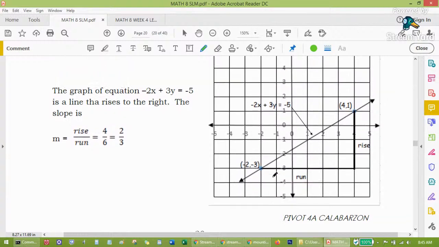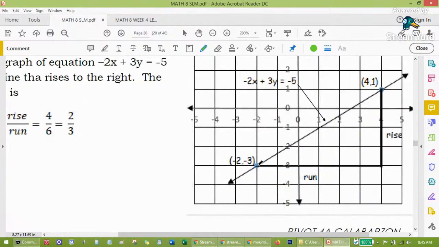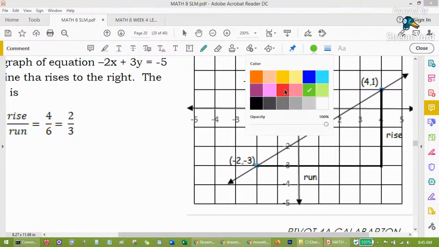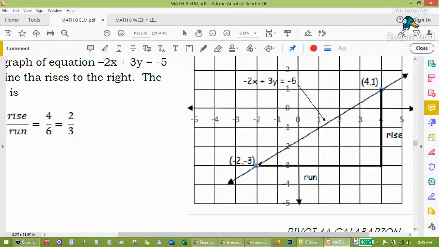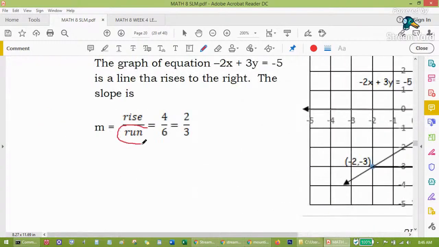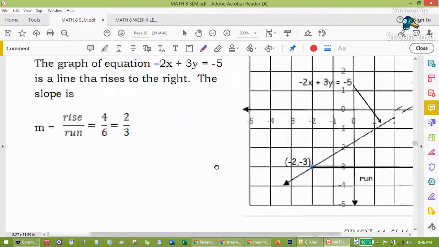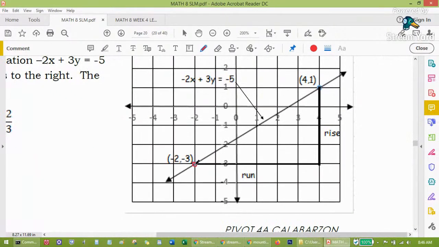Since ang unang connected dito sa point is yung run, so yung run muna ang kukumputin natin. Okay? So, simula dito, ilang beses tumakbo hanggang tumapat sa second point. This is the first point.